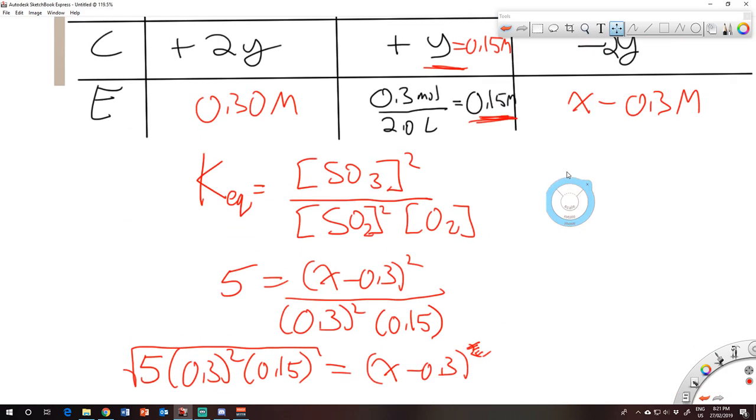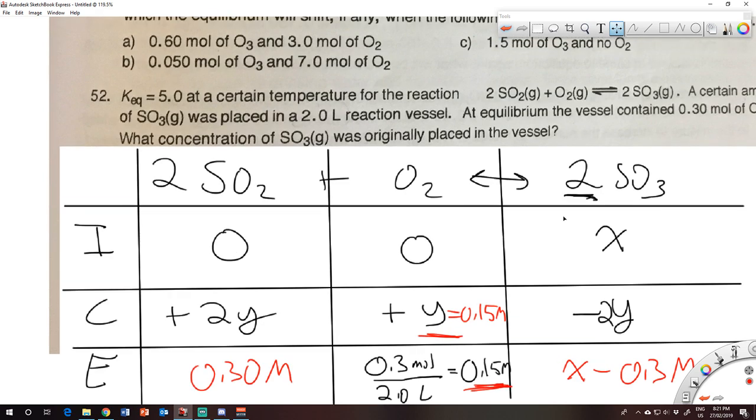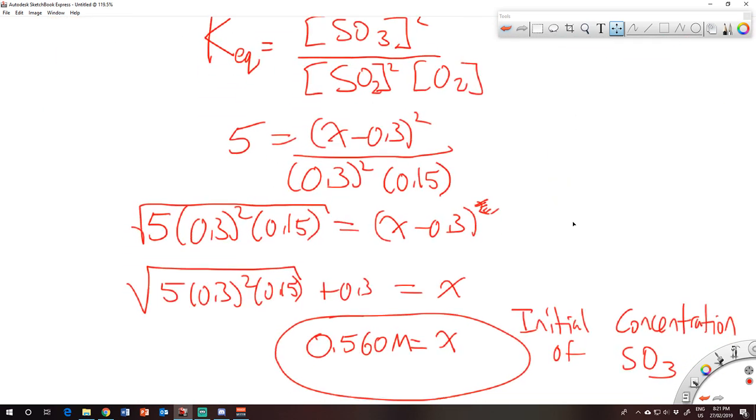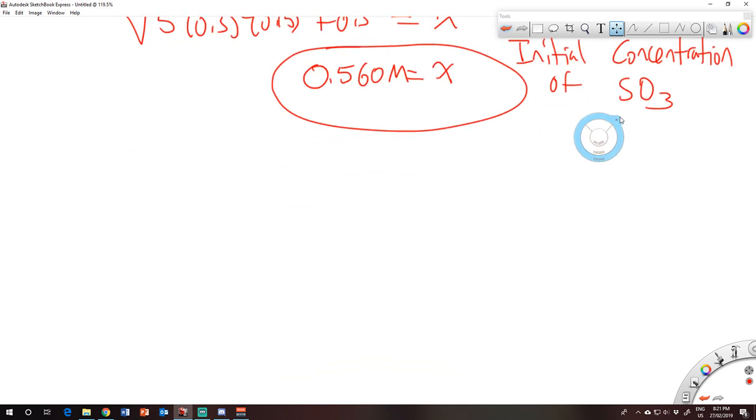The question was just asking for concentration, okay. That's not so bad, a little easy to work with. Initial concentration of SO3. All right, there we go. Let's go find another one to do.